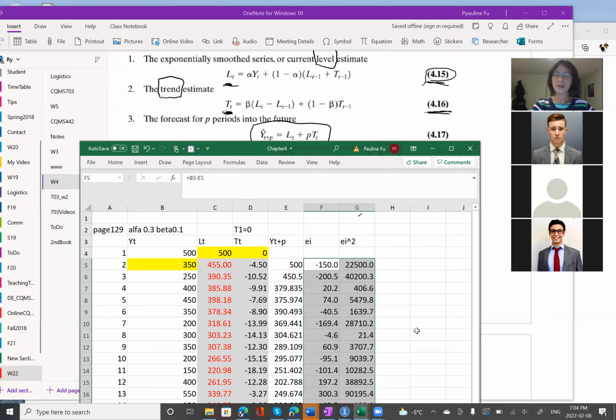Okay, I know EI, thank you for asking. EI is the difference between Y and Y hat. Y is the observed value. Y hat is the predicted value. Observed minus predicted is EI, the error term.